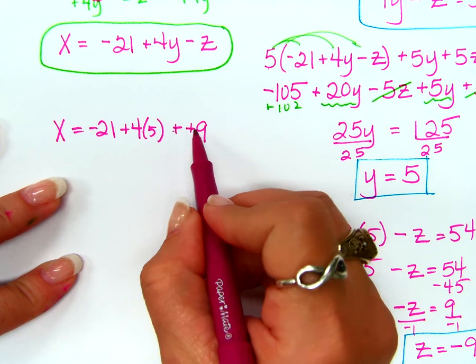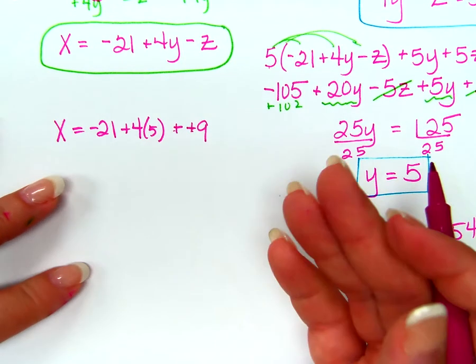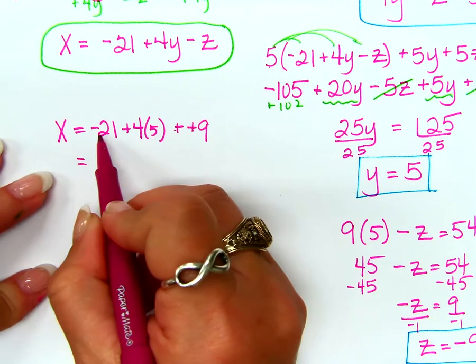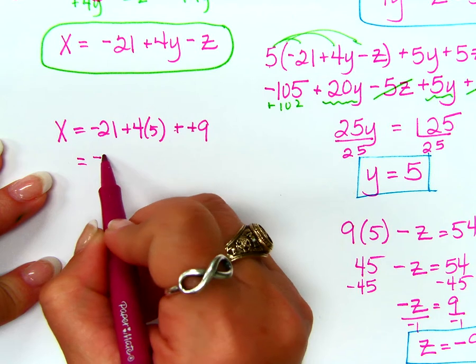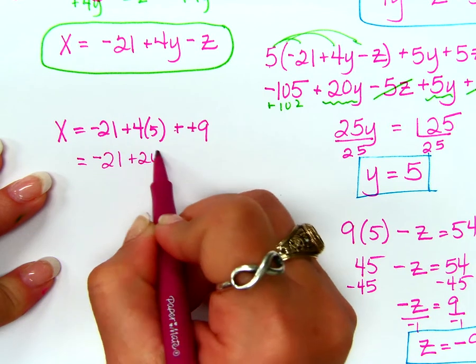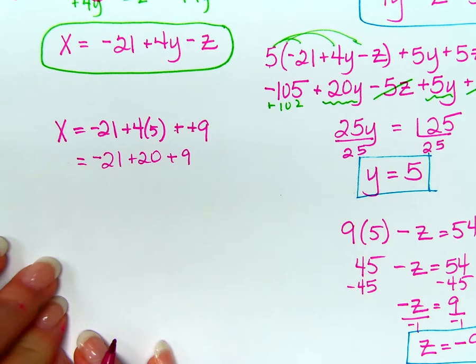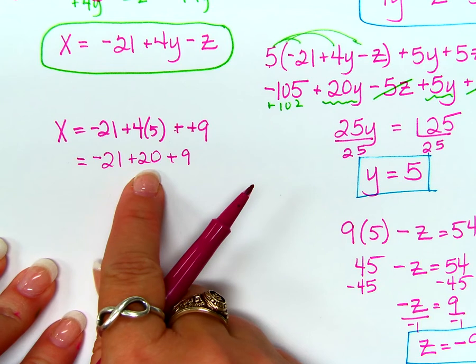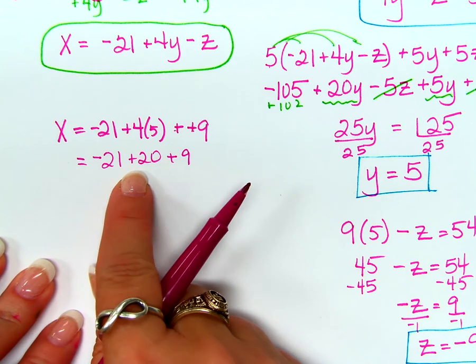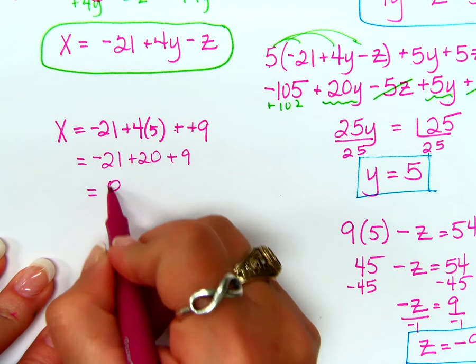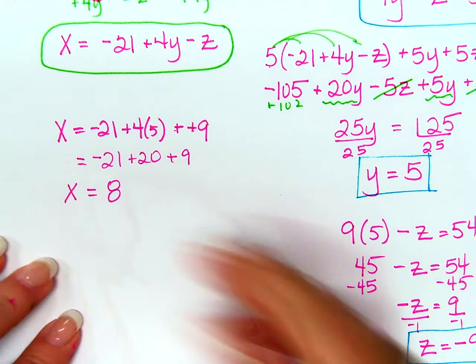Plus, right? Subtracting a negative is the same as adding. Okay? So I have negative 21 plus 20 plus 9. Well, negative 21 plus 20 is negative 1, and negative 1 plus 9 is 8. X equals 8.